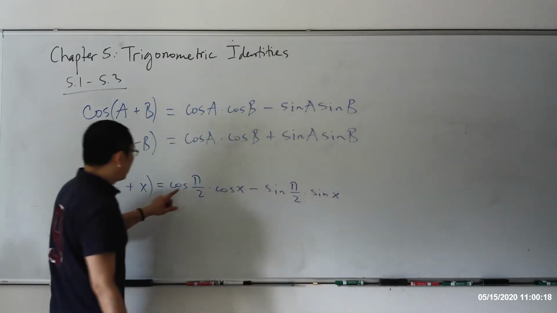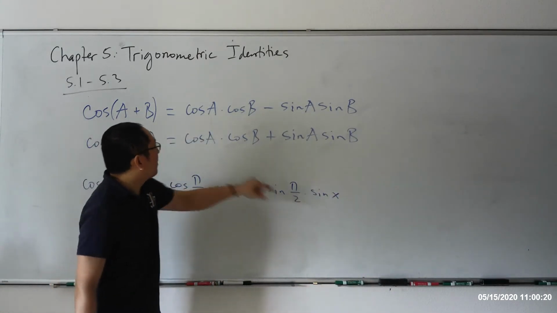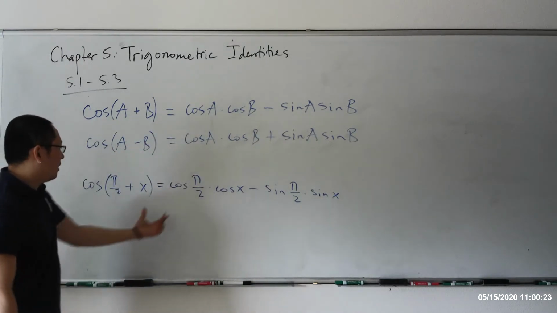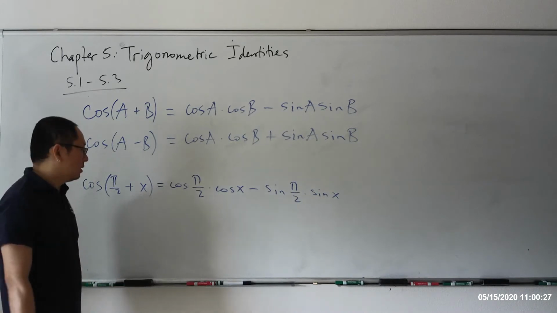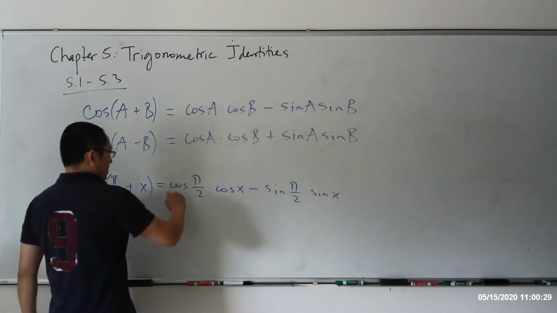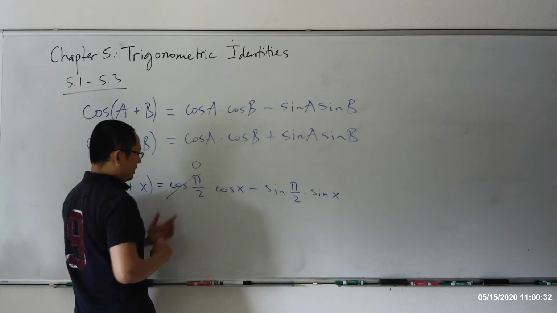See? Cosine A cosine B minus sine A sine B. I'm using the first formula. And you know what cosine of pi over 2 is equal to? Pi over 2 is 90 degrees, so cosine is 0. Zero times whatever is 0.